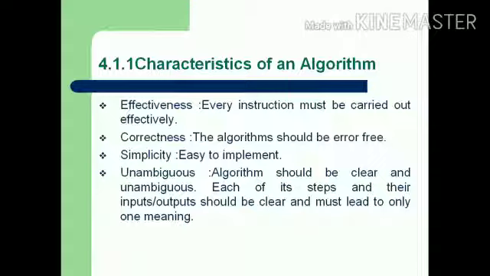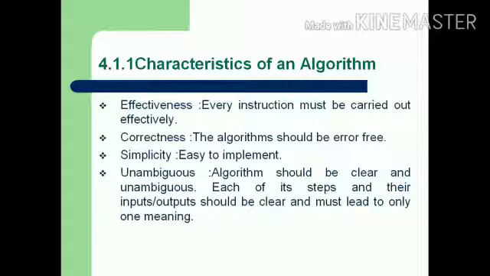Number 4, unambiguous. Algorithm should be clear and unambiguous. Unambiguous means clearness, clarity. There should not be any confusion between instructions or in the way of defining an algorithm. Each of its steps and their inputs and outputs should be clear and must lead to only one meaning.